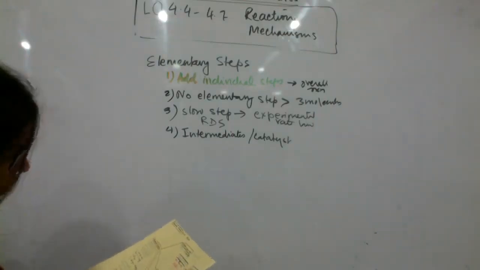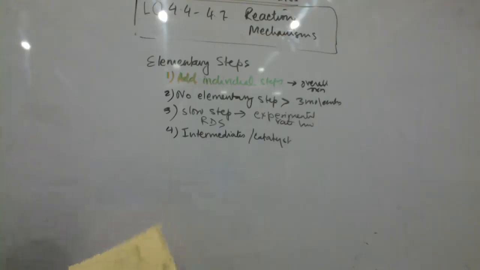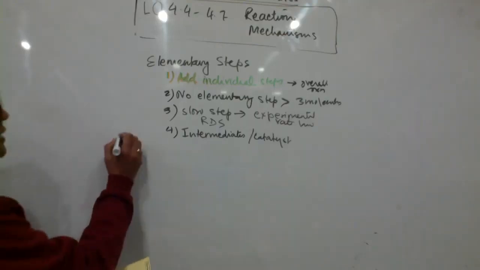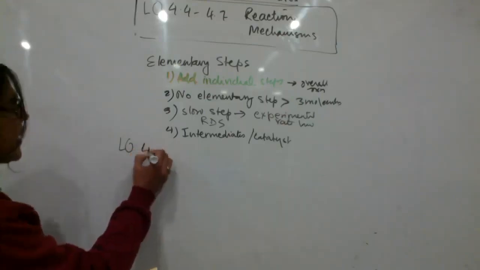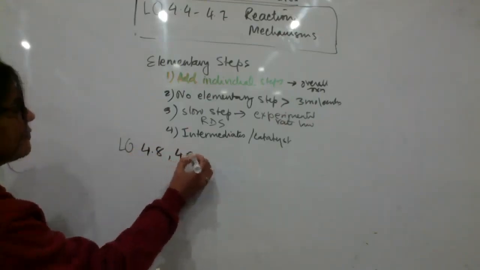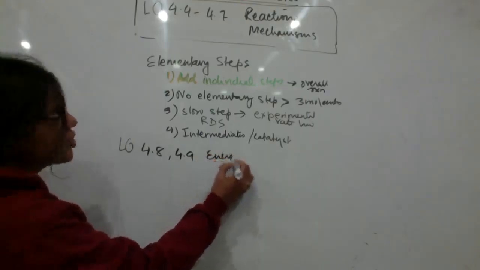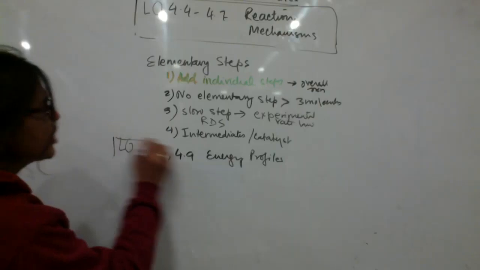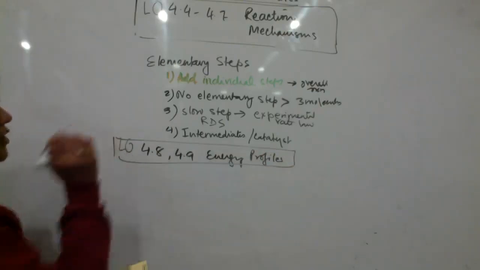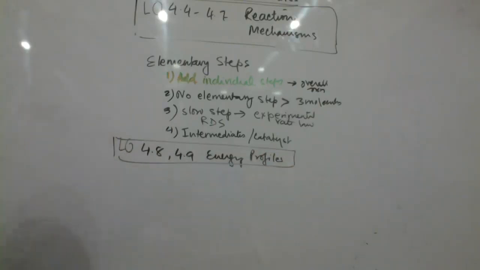The last part of it deals with energy profiles, and those are learning objectives 4.8 and 4.9, and these are energy profiles. And here we will also study the activation energy or the effect of catalyst on rate of reaction.